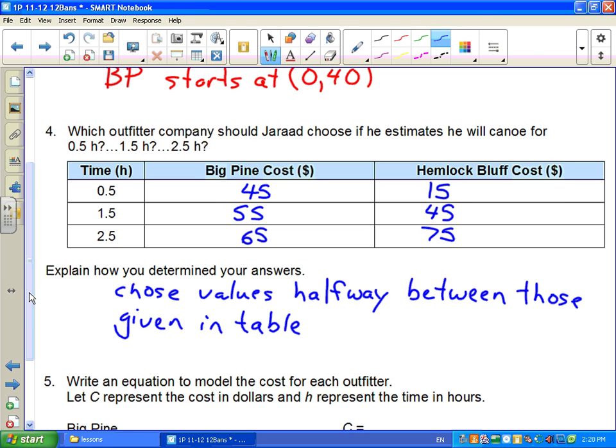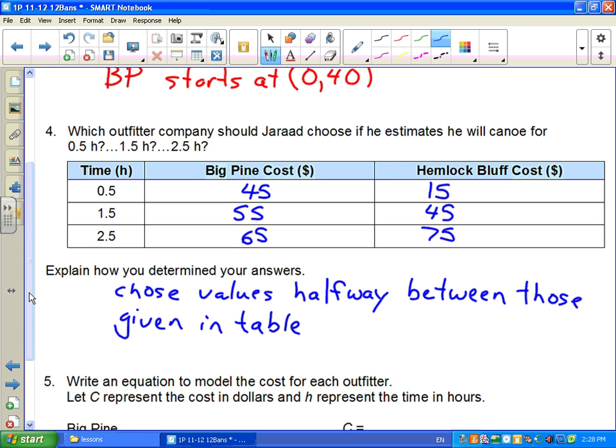Because we were halfway in between for our times, we took numbers that were halfway in between for our costs as well. So now, just looking at these costs, who should Jared choose to rent from if he wants a half hour's worth here?